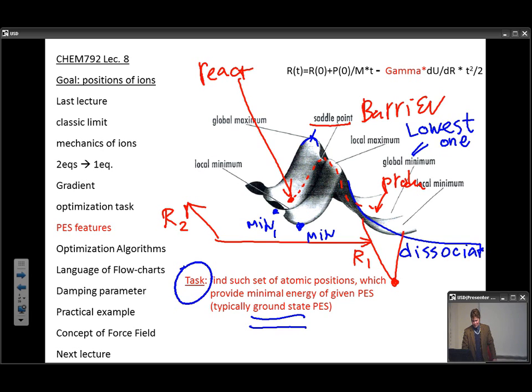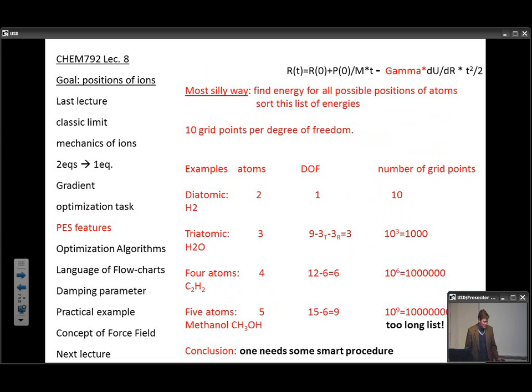Okay, so how to solve this task? How to find such positions of R1 and R2 that will provide the minimum of the energy? The first thing that comes to mind is to explore the potential energy surface at each possible interatomic distance, at each possible value.